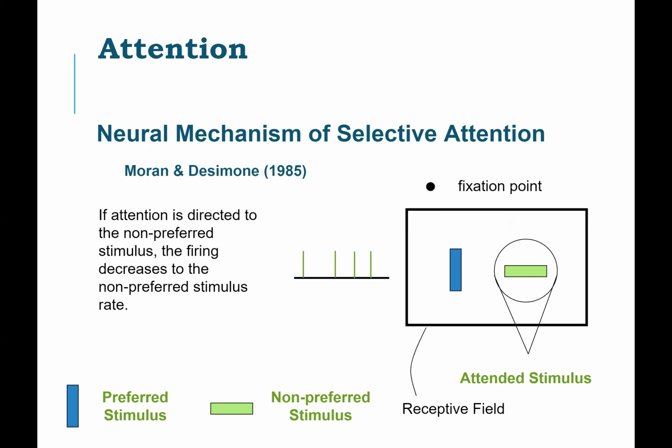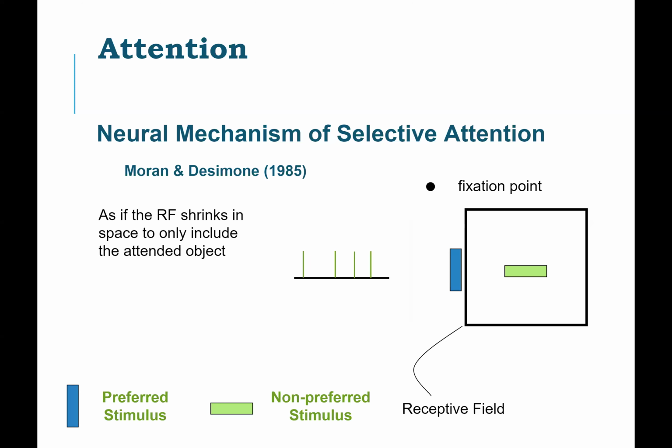Alternatively, if the monkey was instructed to attend to the green object, because they get rewarded when they attend to green objects and later have to respond something about it, the cell would not fire as much, and the response is as if only the green object was in the receptive field, right?